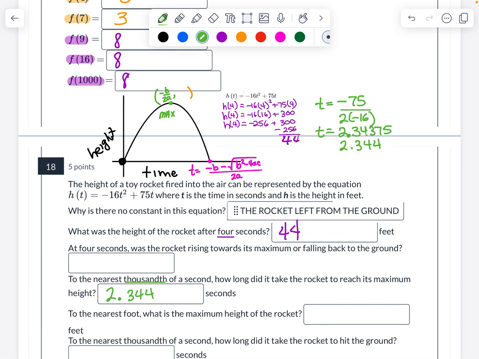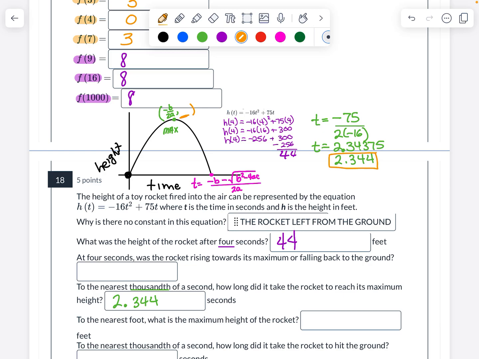So then we want the maximum height. To get the maximum height, we're going to take this answer right here and put it into the problem. This one I won't do by hand. So I'm going to take h of 2.344, which is negative 16 times 2.344 quantity squared plus 75 times 2.344.